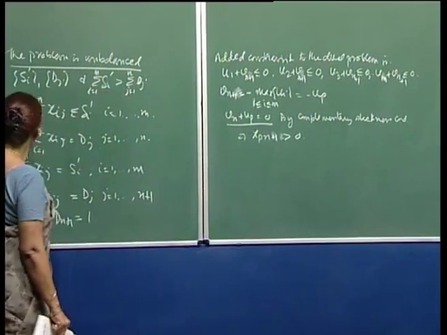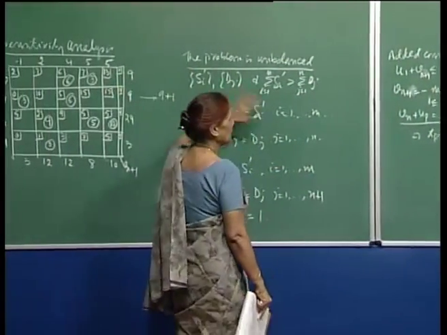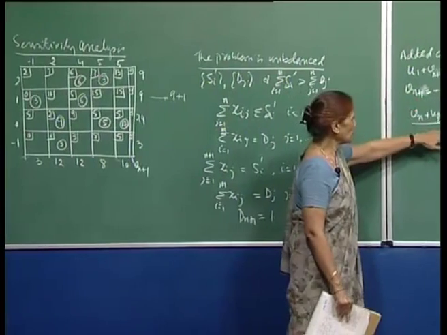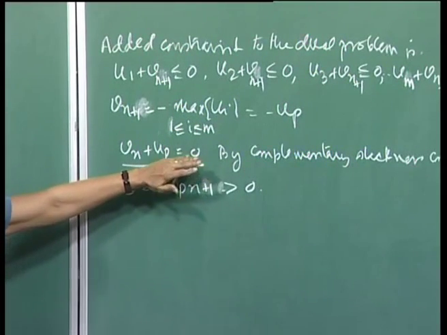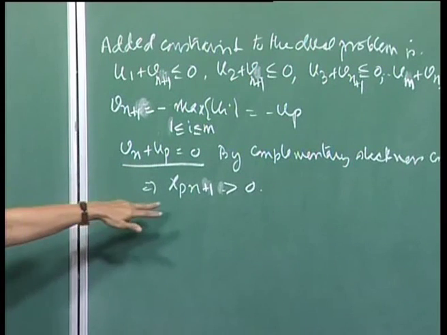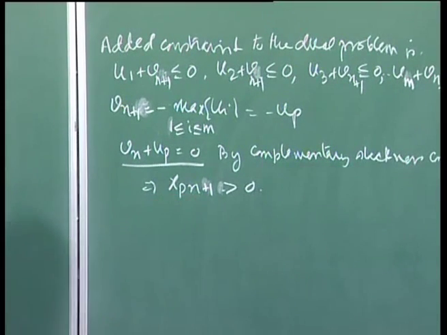I do not have to change the other ui's or the other vj's, I simply choose v n plus 1 to be equal to this, and then the constraint is satisfied as equality, and so your x p n plus 1 can be positive.